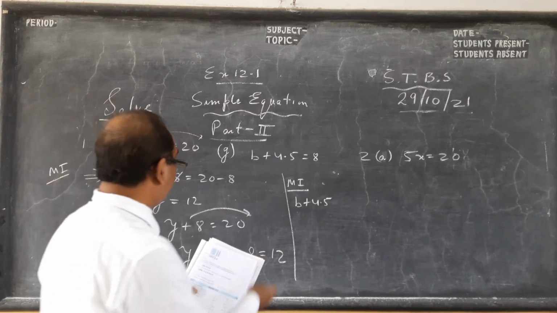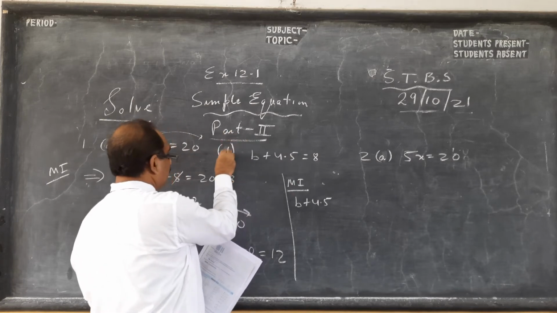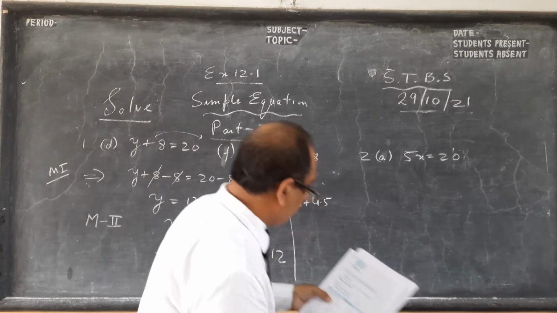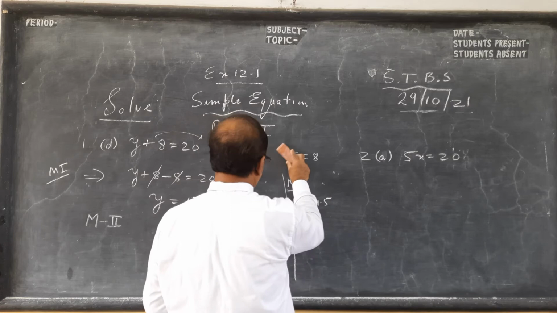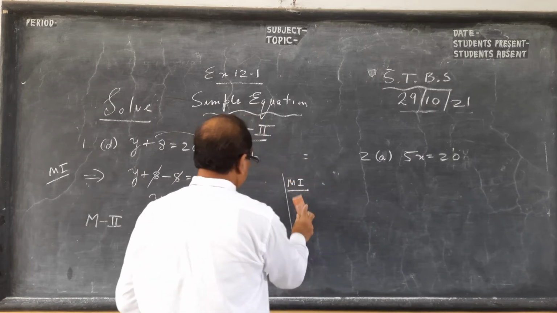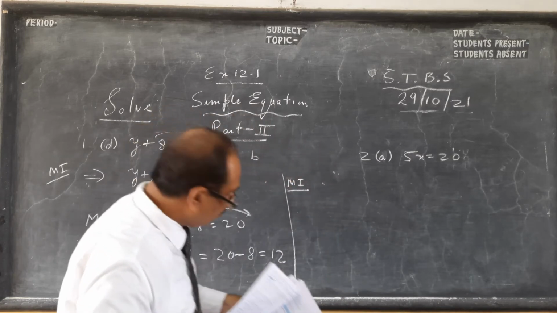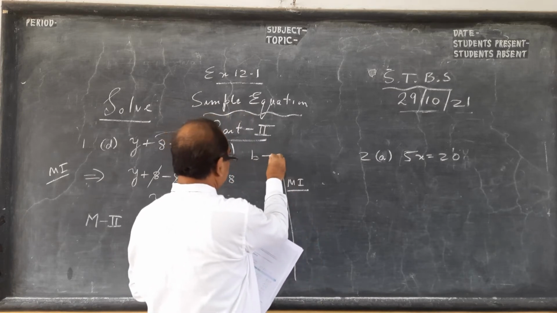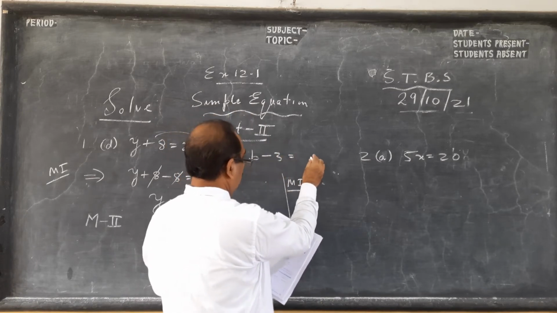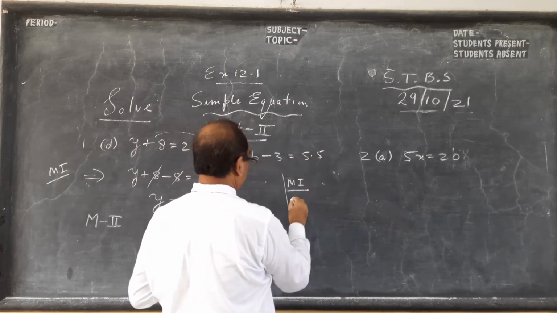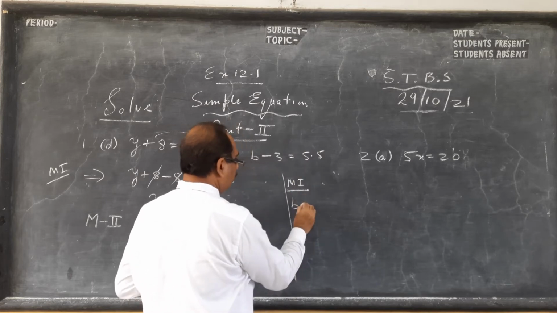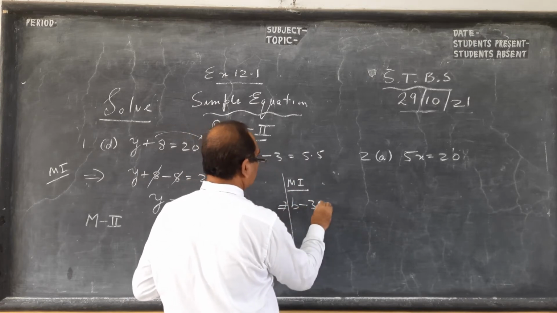I should take F, because I want to show you B minus 3 is 5.5. Here already I have done plus, so B minus 3 is 5.5. To remove minus 3 I will add plus 3.